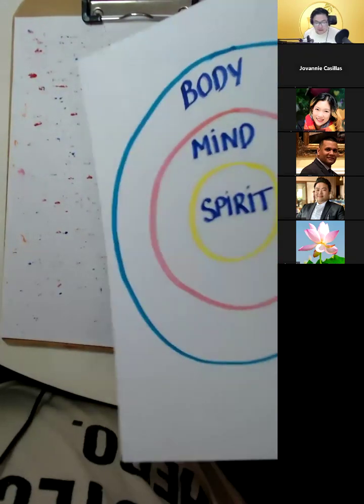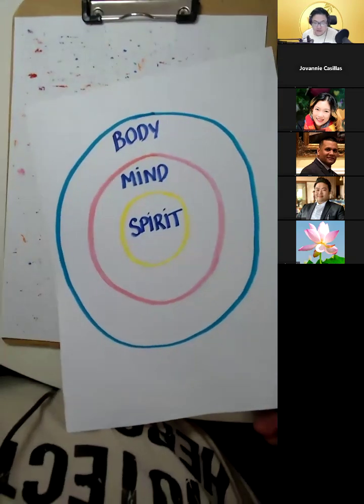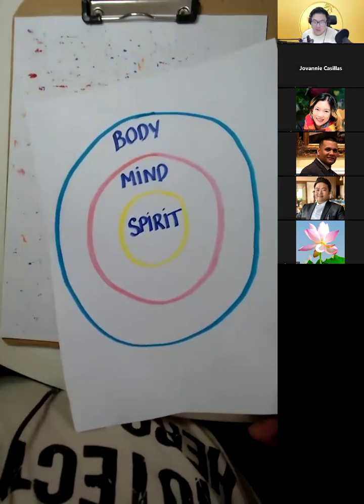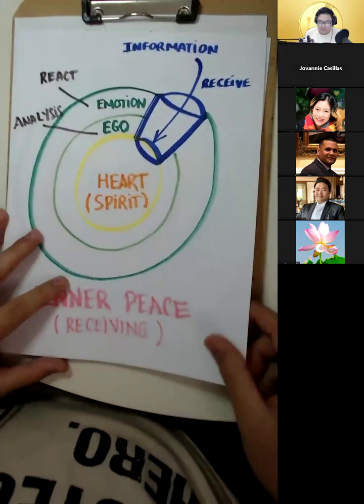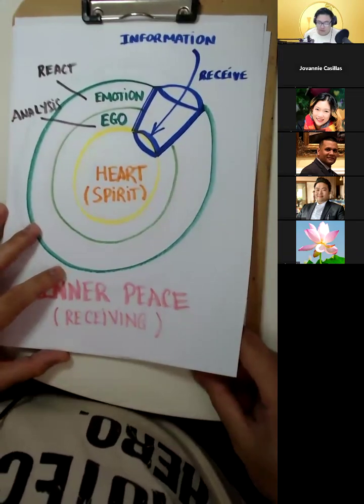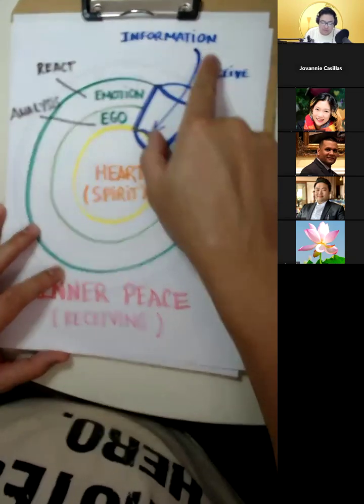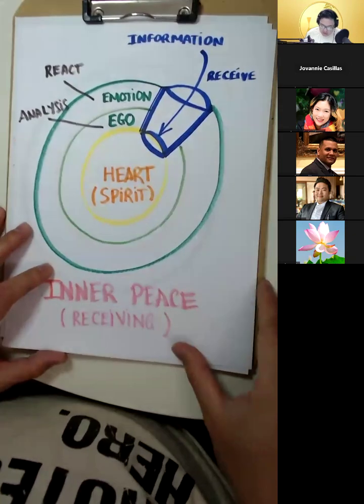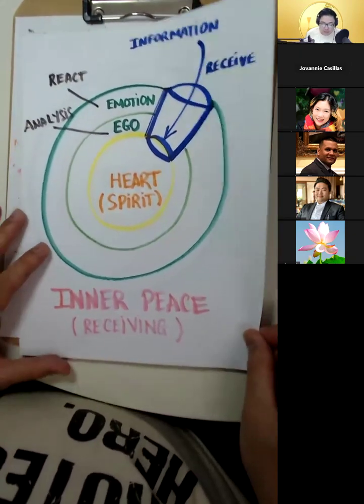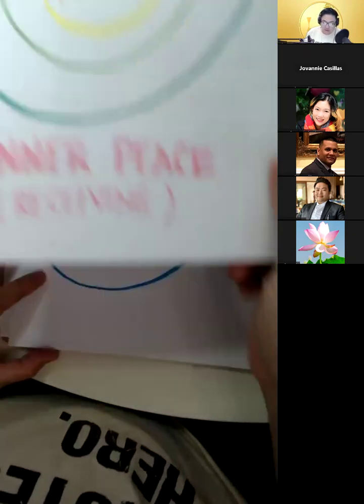So the idea of inner peace that we introduce today is a very important concept. Because when you receive information with your spirit, special things will happen, beautiful things will happen.